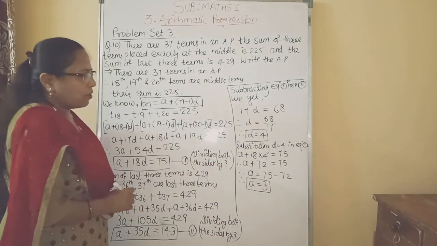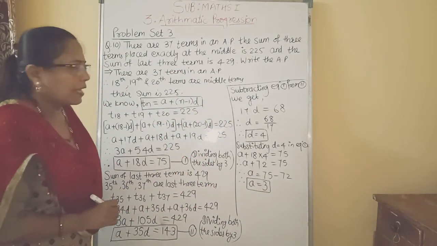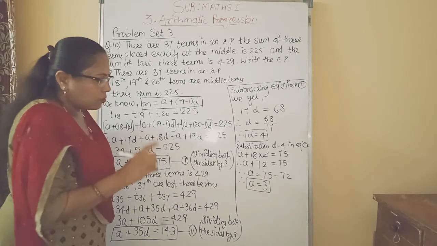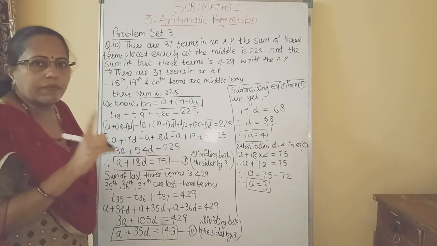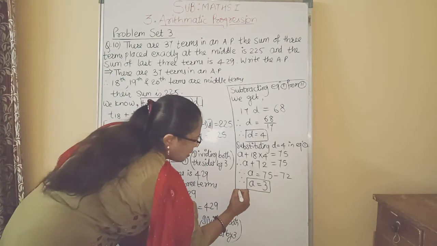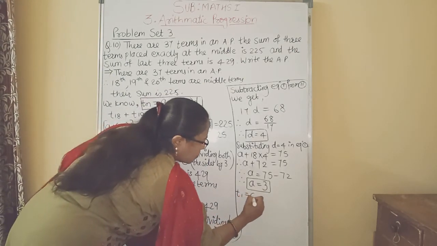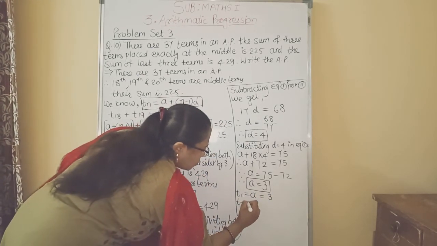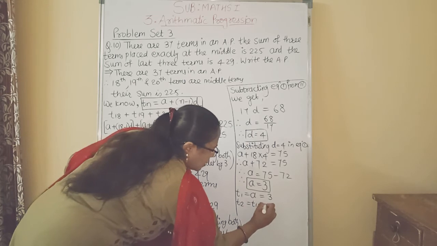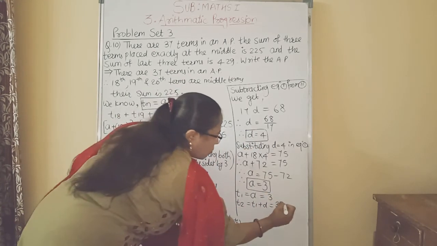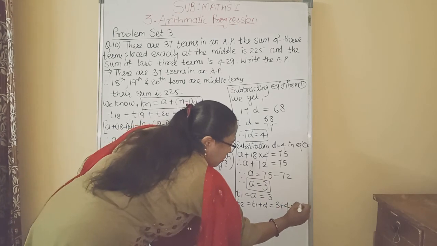So we got the value of A equal to 3 and D equal to 4, and now we can create AP. So to create AP, we require minimum 3 to 4 terms. So T1 is equal to first term A, which is equal to 3. T2 is equal to T1 plus D. T1 we got 3 and D equal to 4. So 3 plus 4, 7.